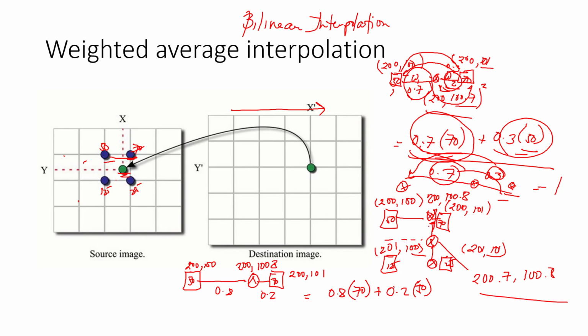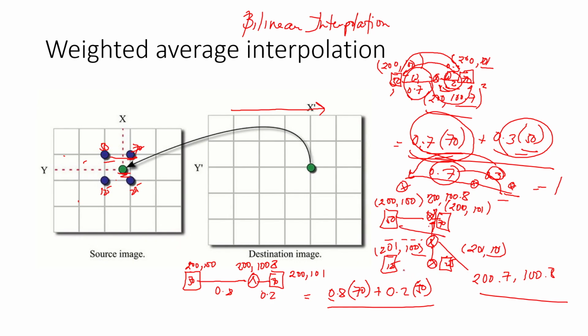Right? So it turns out that this will be our interpolated value. So we will do one more linear interpolation and map at this point here, and then interpolate between this point. So this is our interpolated value here.